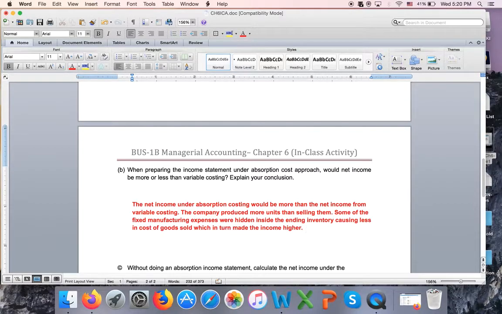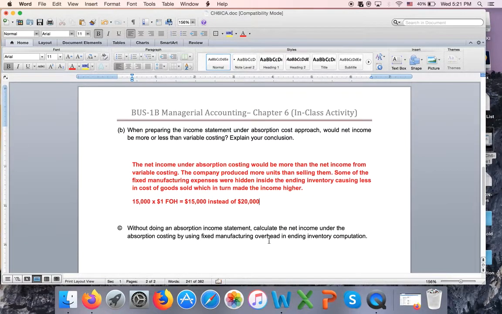So pretty much here, and it's explained in C, I produced 20,000 items, but I only sold 15,000 multiplied by $1 of fixed overhead equals $15,000 instead of $20,000. So $5,000 of fixed overhead is not expensed under absorption.